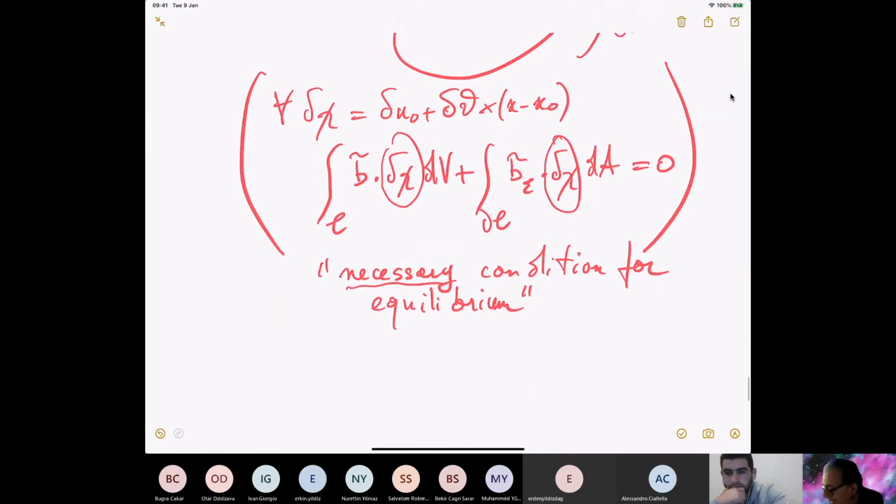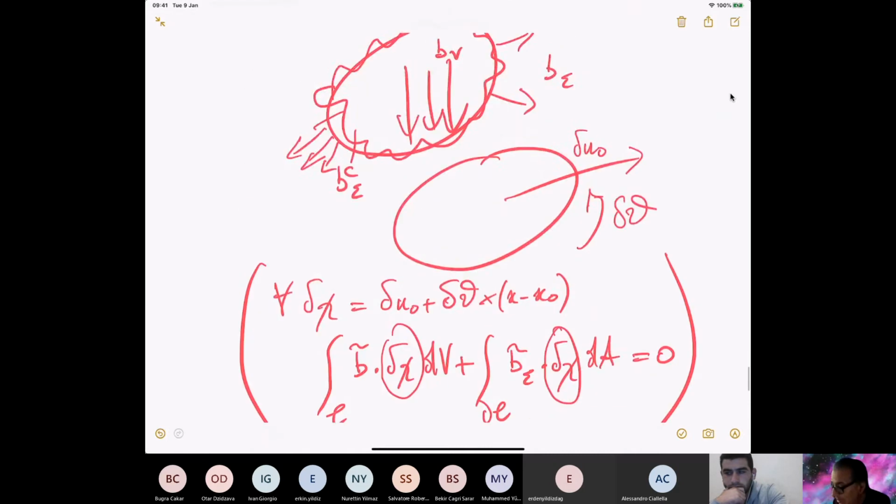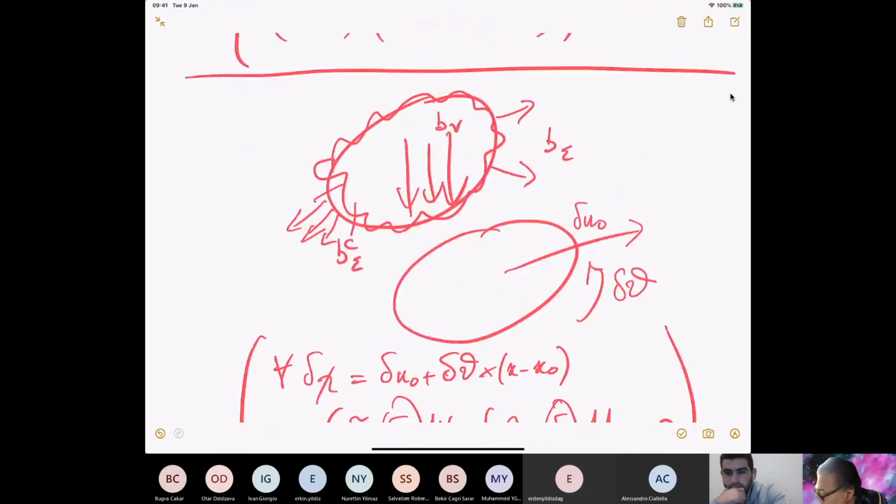So we are testing equilibrium. You remember, when we test minimality of f of x in the neighborhood of f of x0, and we write Taylor expansion, we consider a small variation of the independent variable, and we test if the value of the function is increasing or not.